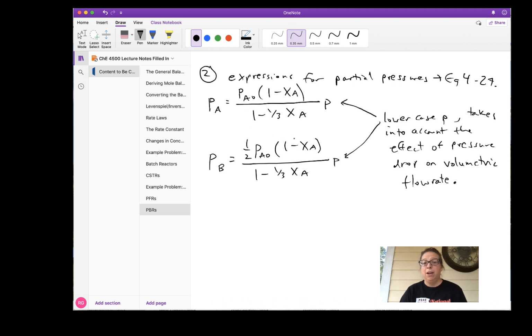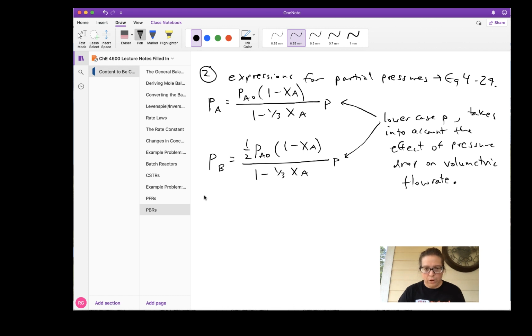So if you have pressure drop, this is a separate effect than the change in volumetric flow rate due to a change in the number of moles. So review these formulas, it's like 4-16, 4-17, 4-23, 4-25, and 4-27 in Fogler, and see how this term enters in.